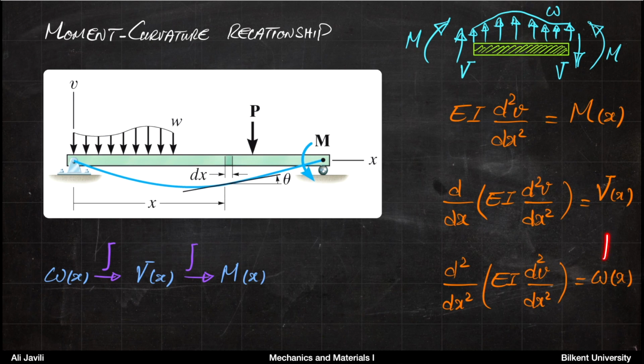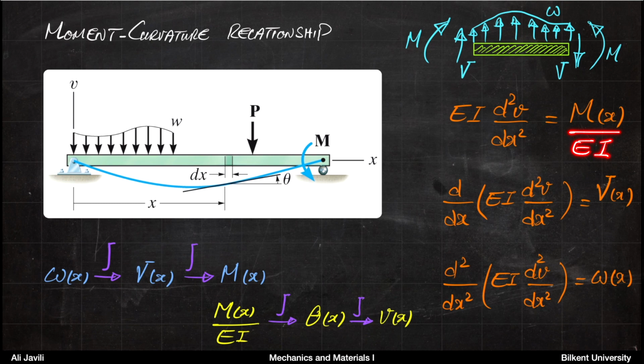Okay, so if you look at these relations and you go upwards, you can actually see that if you have a distributed load as a function of x, you can integrate that to get the shear force, and you integrate again to get the moment. Now, once you have the moment, you can divide that by EI. And if you do that, what you have here is basically v double prime.